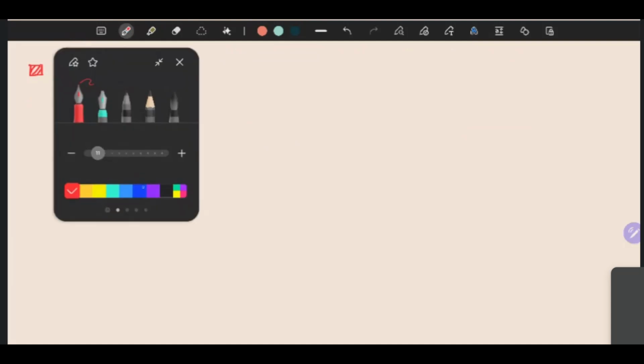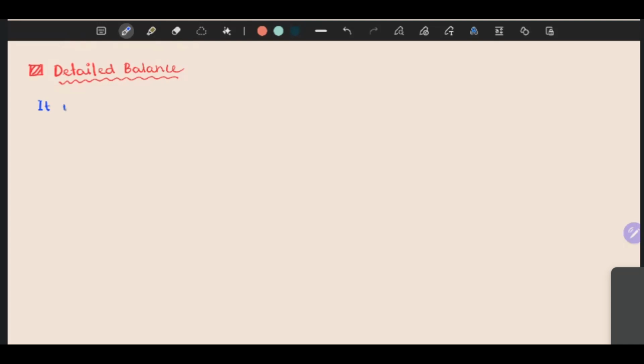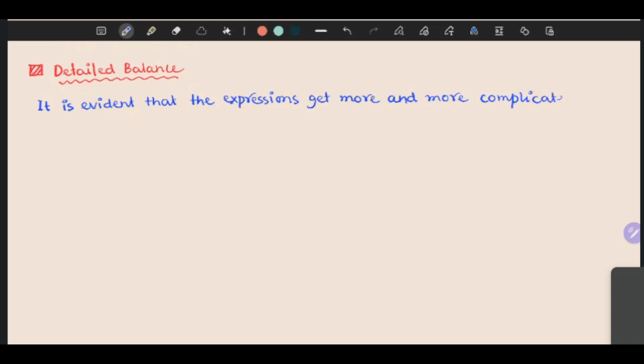So it is evident that the expressions get more and more complicated as n increases.